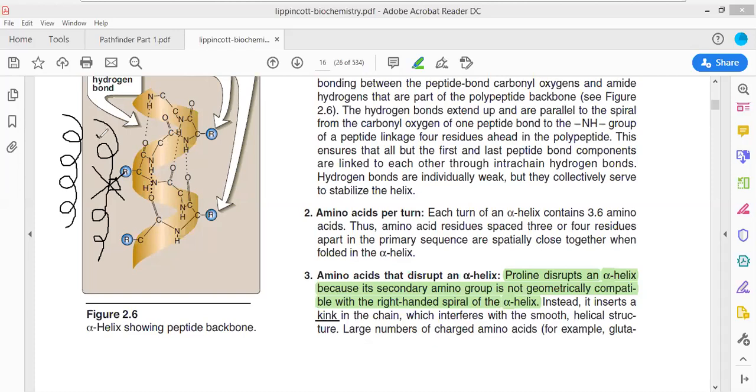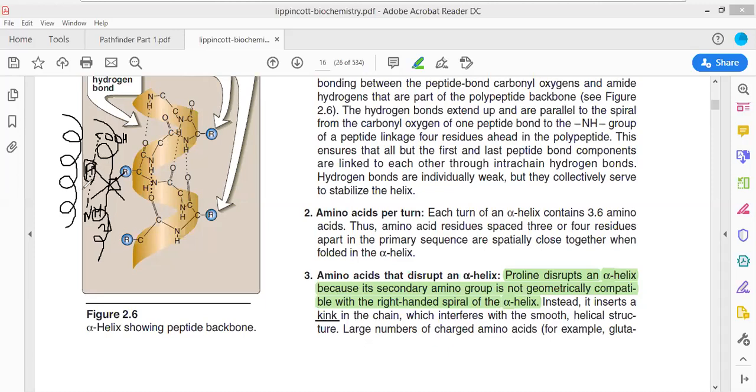There is a carboxylic group present here, that is COOH, and there was an amino group. Between them there was a strong type of interaction going on. Then proline came in between. What is going to happen?